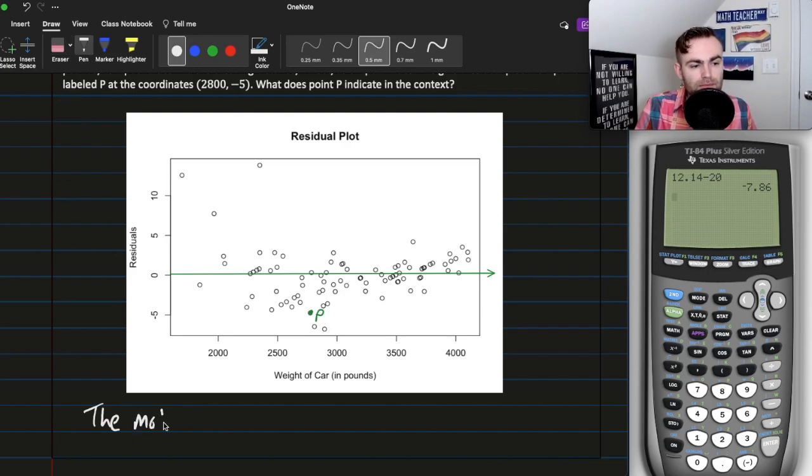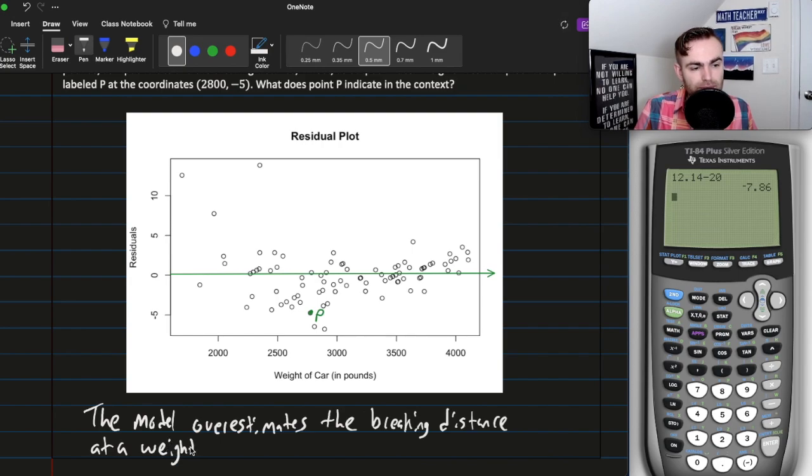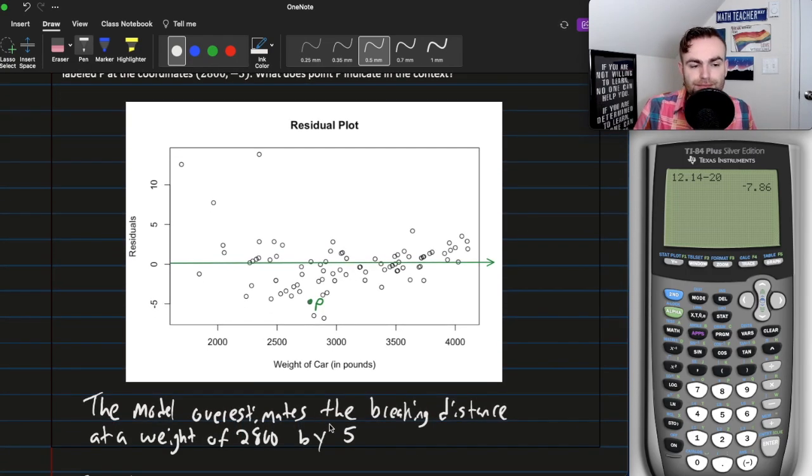The model overestimates the braking distance at a weight of 2,800 by 5. What is the unit for the output? 5 feet. So the model overpredicts by 5 feet, essentially, is what that point means.